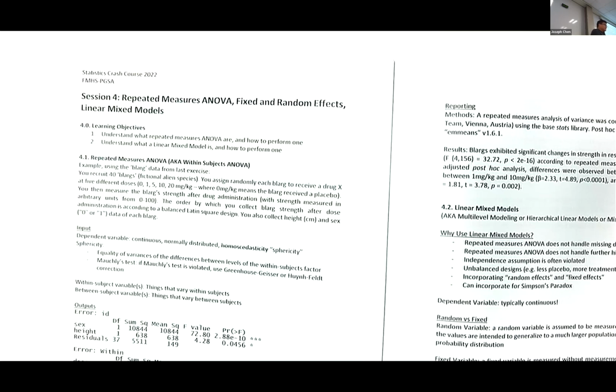Now, fixed and random effects and linear mixed models supersede a lot of these. They're more computationally expensive, not always possible to do by hand, and the more complex the model, the more expensive they are.